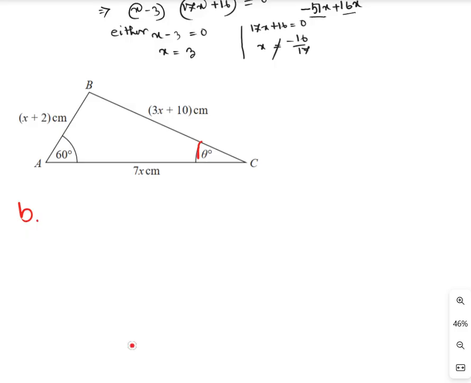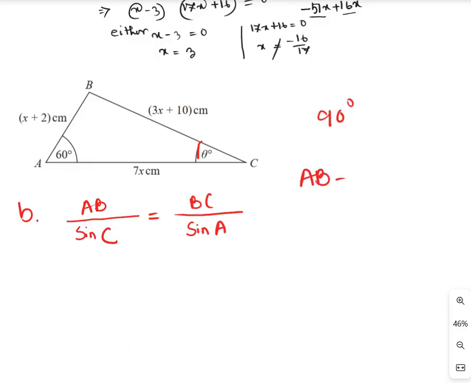So we have a theory when the triangle doesn't have 90 degree, that is, the side AB over sine C and BC over sine A, right? And indeed, we need the side AB.